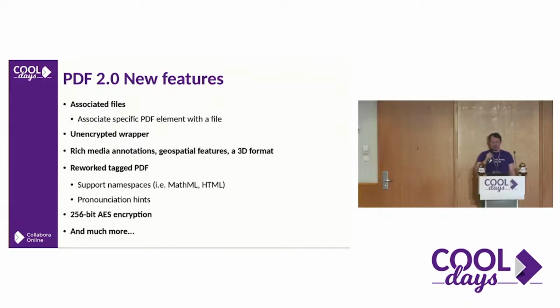There are also a lot of rich media annotations, a lot of geospatial features and 3D formats that they added, which are of limited interest to us. Maybe some things are of interest, but most not. They reworked tagging for the PDF, so they added support for namespaces.